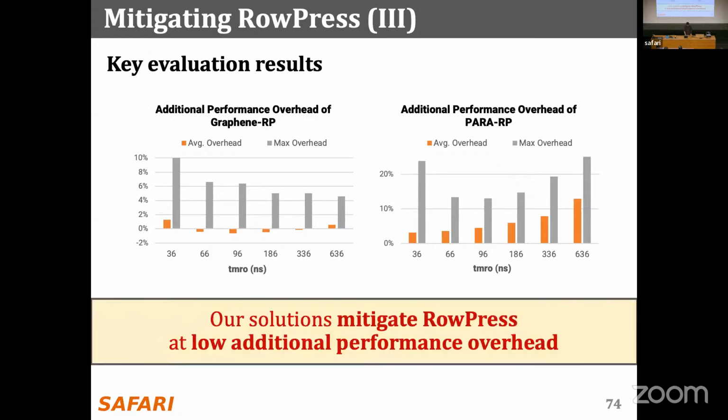And we see that by configuring the mitigation to a sweet spot of the row open time, we can achieve small additional performance overhead over the original mitigations that only mitigate RowHammer.